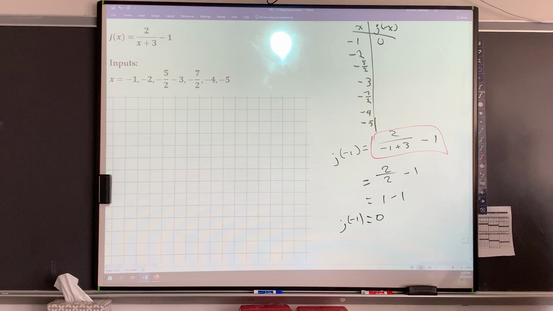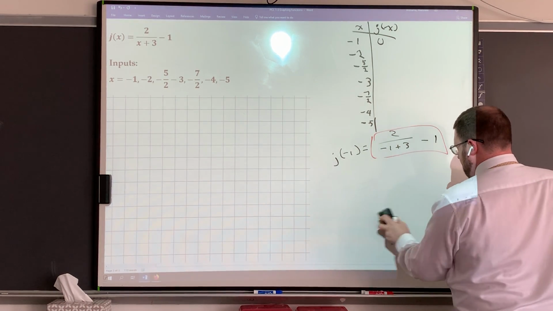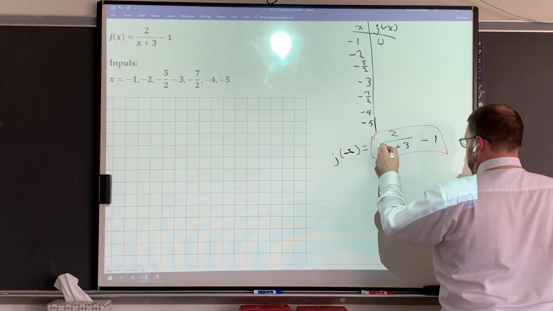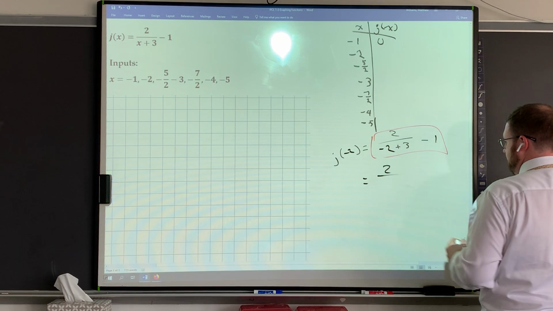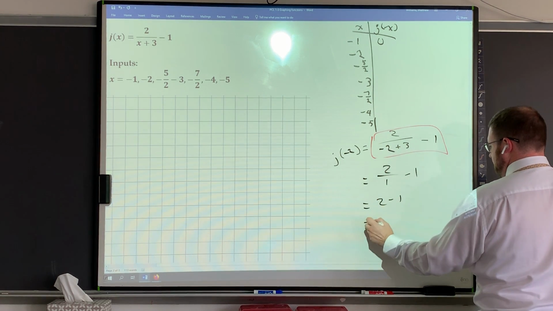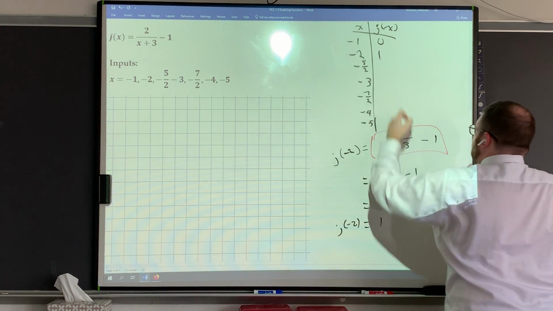And then I'm going to do the same thing with a different input. I'm going to do an input of -2, which gives me 2 over -2 plus 3 is 1. So that's 2 minus 1, which is 1 for j of -2.